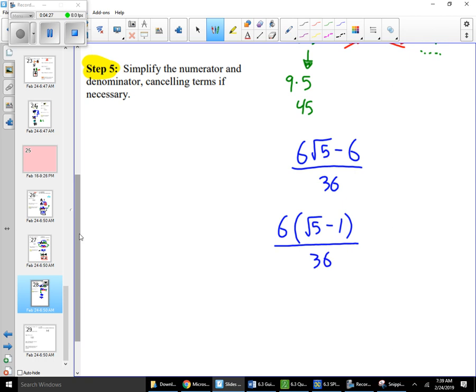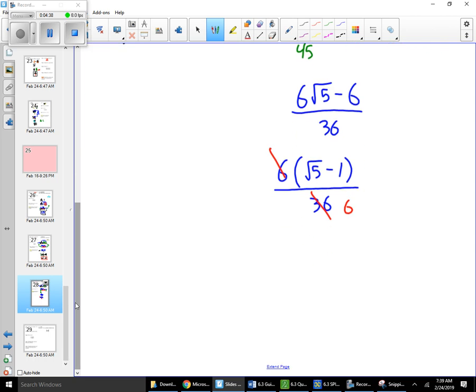And 6 goes into 36 6 times. So we can reduce this whole thing by 6. It's not quite as nice a final answer as the previous example, but this leaves us with a root 5 minus 1 over 6. Which is nicer than the 6 root 5 minus 6 over 36 we started with.